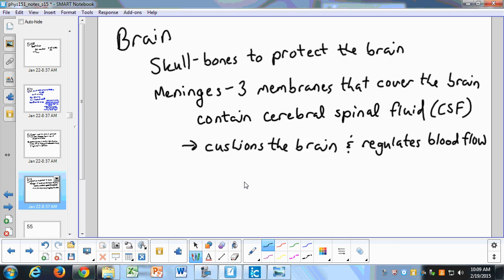Within your skull, you have almost a cup of CSF. So you have about 3/4 of a cup. If you're able to pour all of it out, you'd have about this much CSF. So not a whole lot.